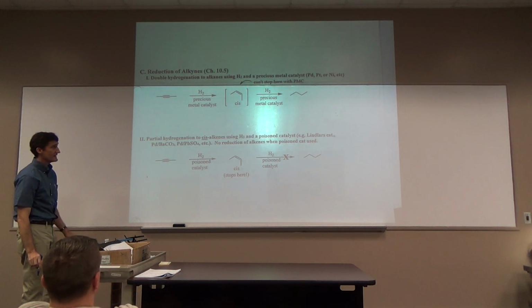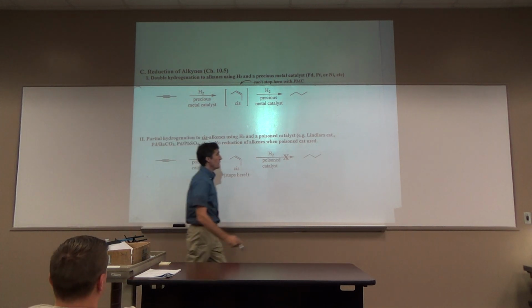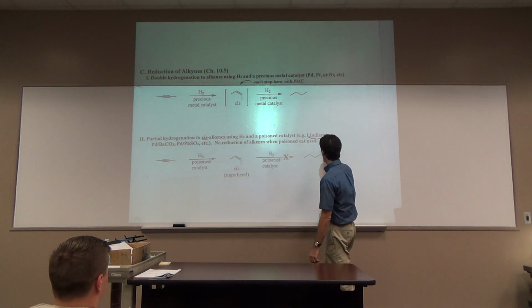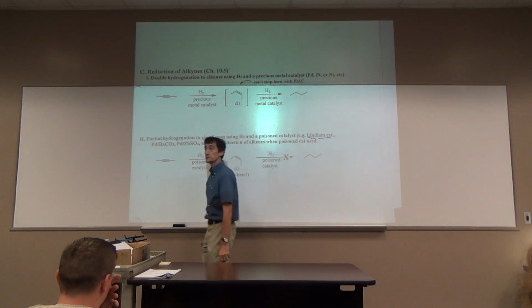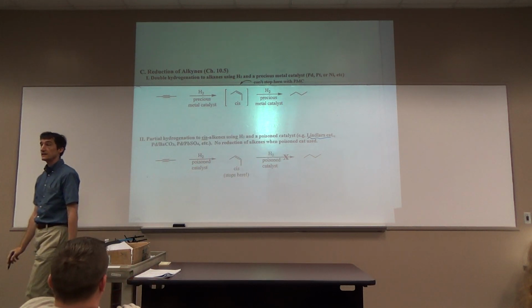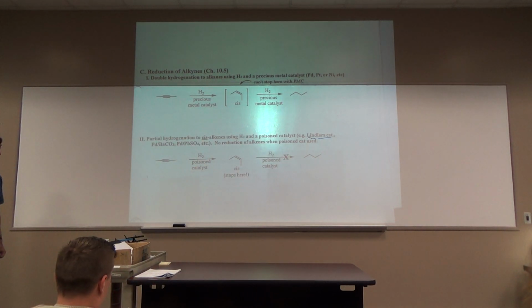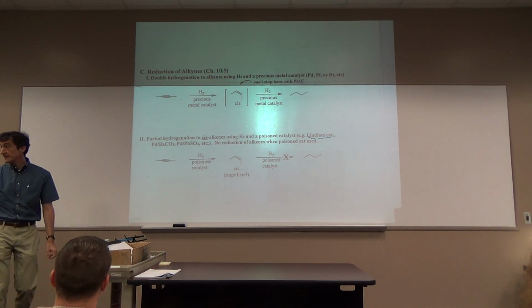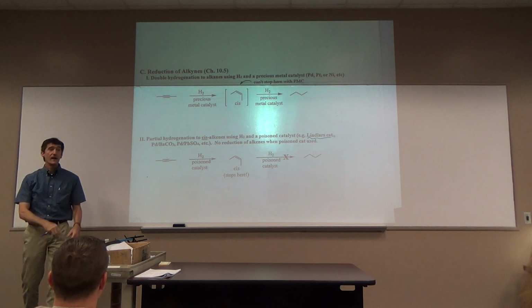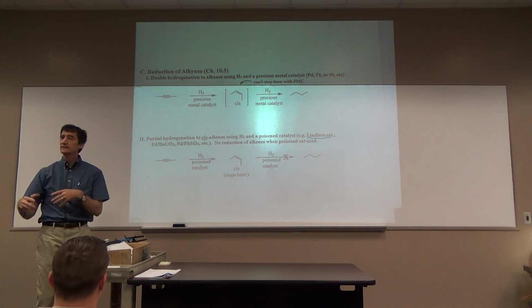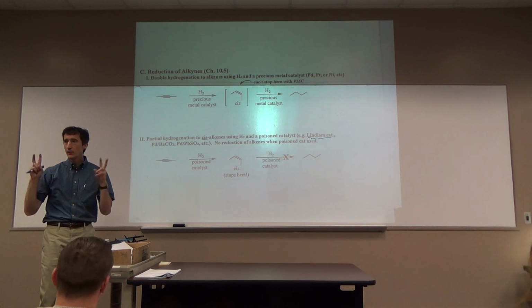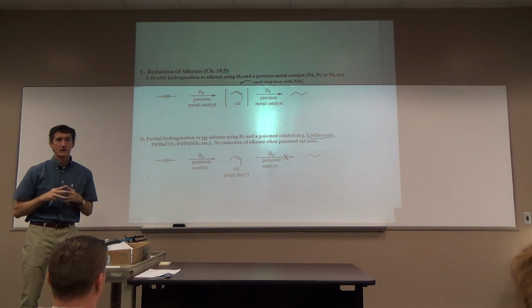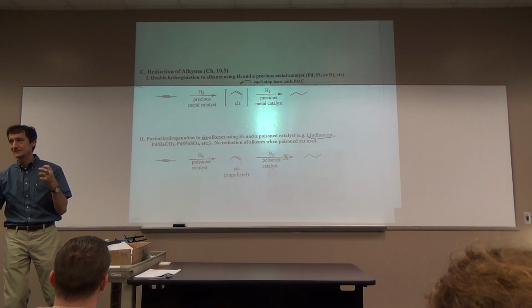What's a poison catalyst? First off, one of the most common is just called Lindlar's catalyst. If you ever see Lindlar's, that's an example of a poison catalyst. Usually a poison catalyst is where you take one of these precious metals and you add something to it to make it less active. You poison it. You partially ruin it.